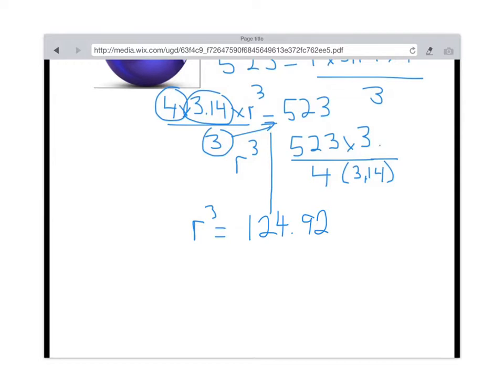I think I said the other day that if you're asked to give your answer to only 1 decimal place in the final answer, don't round off too soon. Keep a couple of more decimal places in the work, in the steps, because if you round off too early, then at the end you round off again. You're getting farther and farther away from the answer that you want to get. And so we'll keep a couple of decimal places.